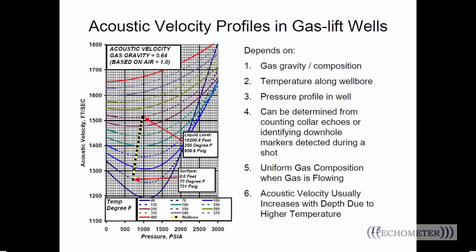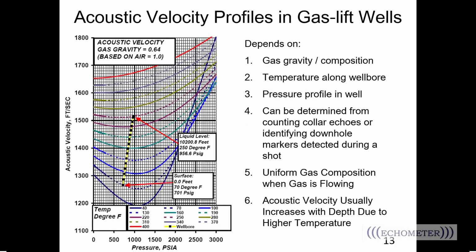And so yes, you could find an abnormal acoustic velocity as long as you could easily identify each of the gas lift valves, and that acoustic velocity would be abnormal because there would be a temperature leak or temperature change that wasn't linear based on depth.